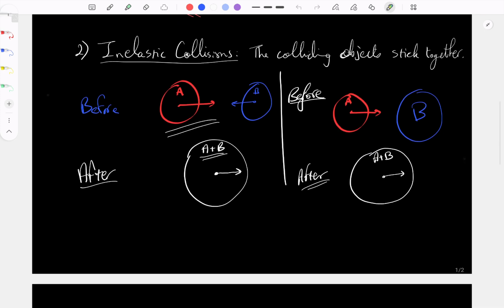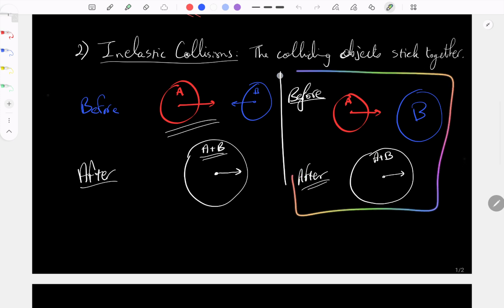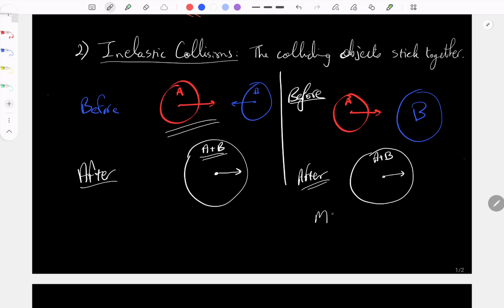Now, we have seen that the calculations for this are quite straightforward. They are summarized by this formula, mv equals mv, and we gave a few examples, or actually just one example. Now, what if we look at this scenario where in an inelastic collision both objects happen to be moving?